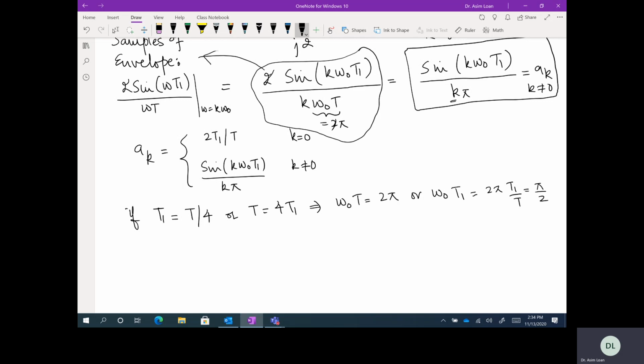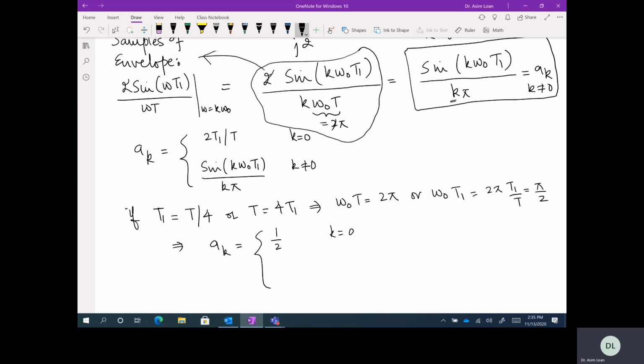Right? So if this is the case, then this implies a_k equals 2 t1 over T, which is 2 into 1 by 4. So this is half for k equals 0.